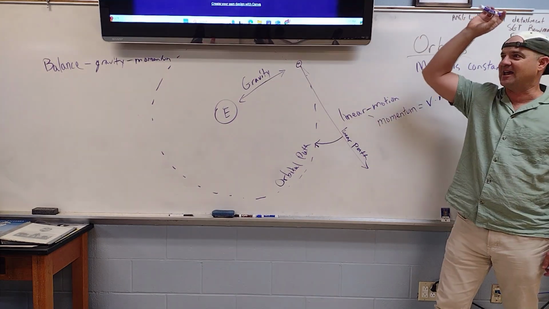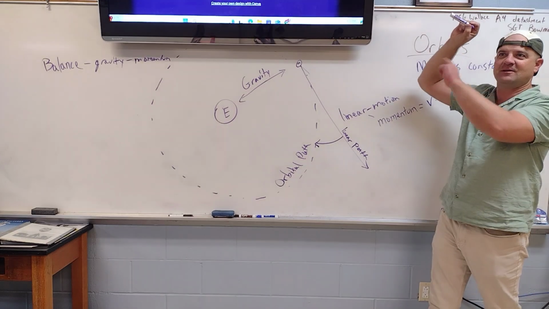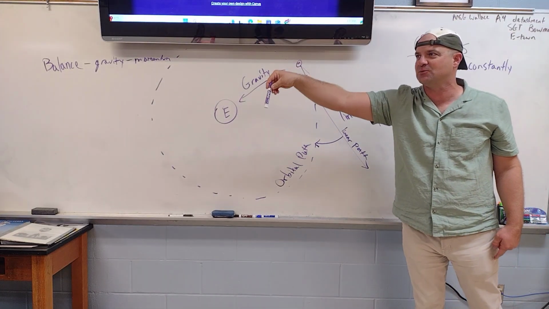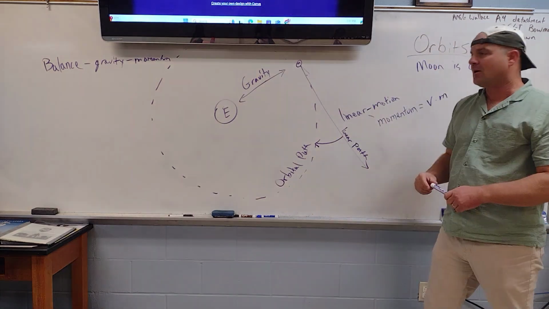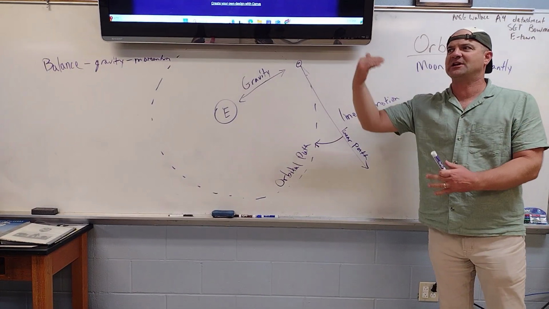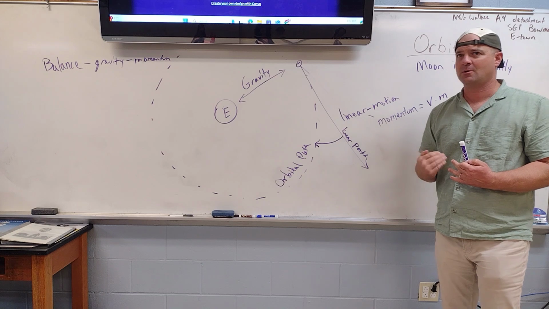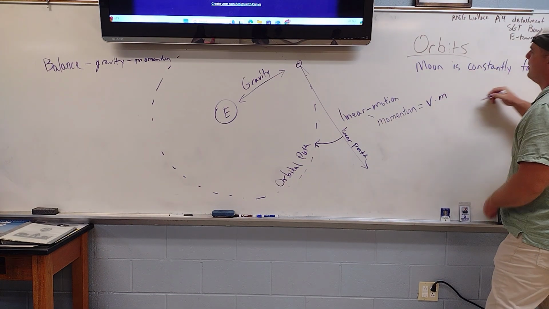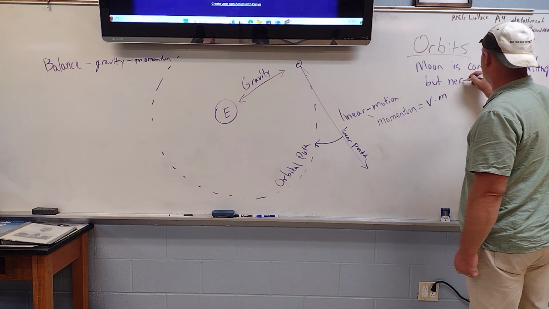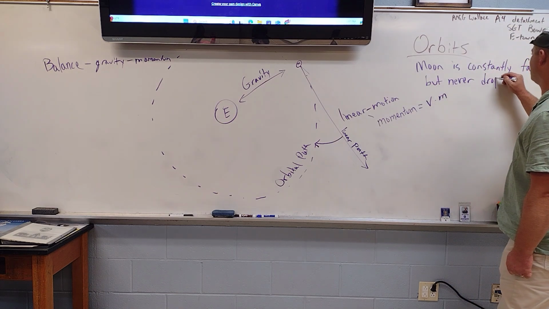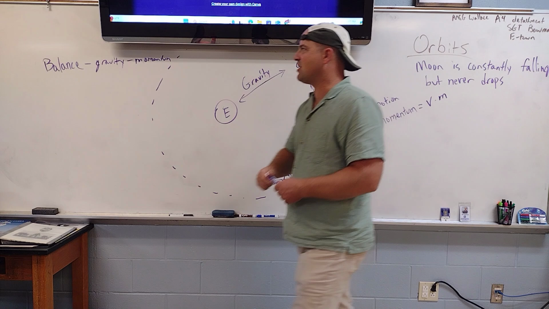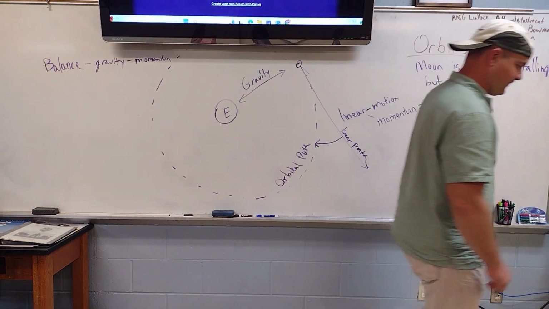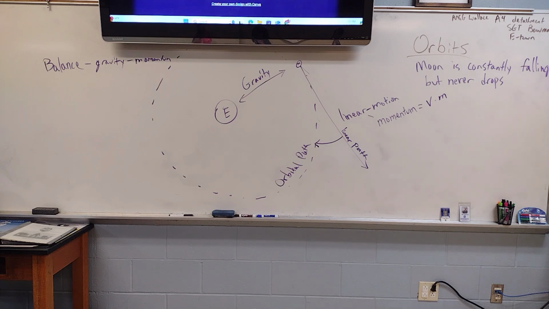And yes, if I throw it, it'd be moving like the Moon with a linear path, but that linear path would be curved down because it would be falling. But does the Moon actually come down? No. The Moon is constantly falling, but never drops, because of the balance between gravity and momentum. Does that check out?